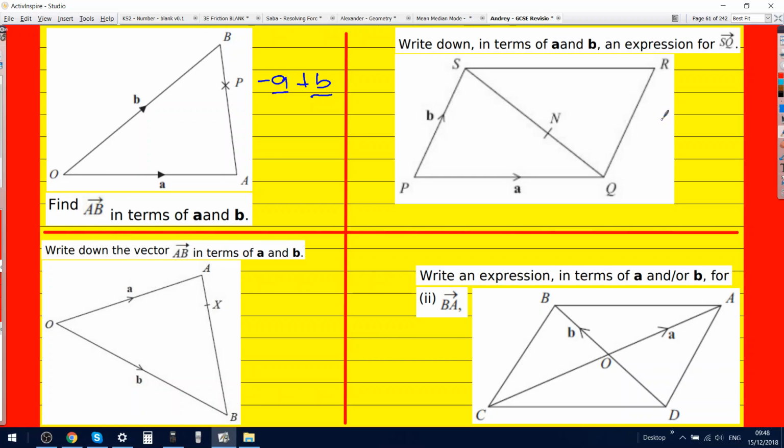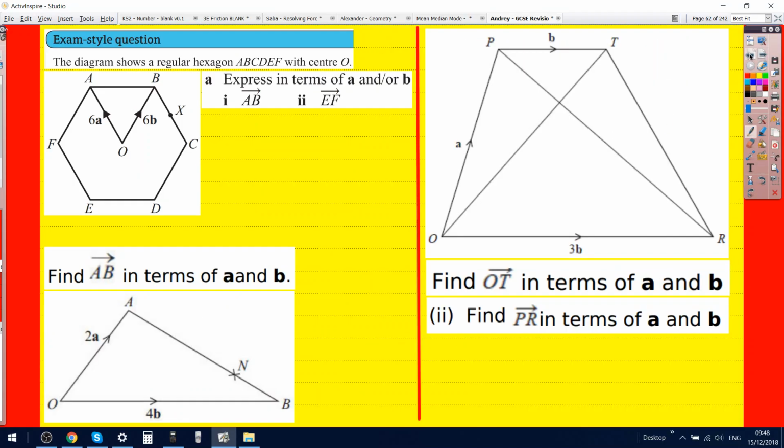So minus B plus A. And bottom right. So minus B plus A. Yeah, so totally different shape, totally different thing, but what was that? Top left.